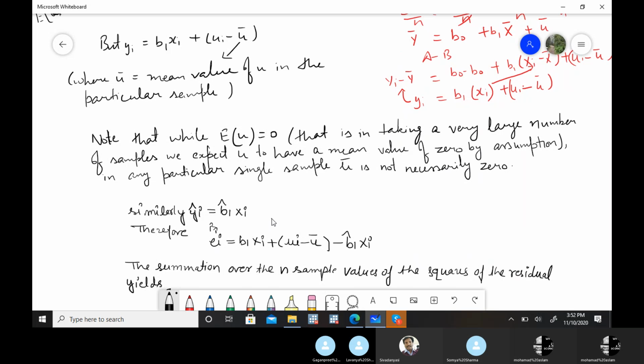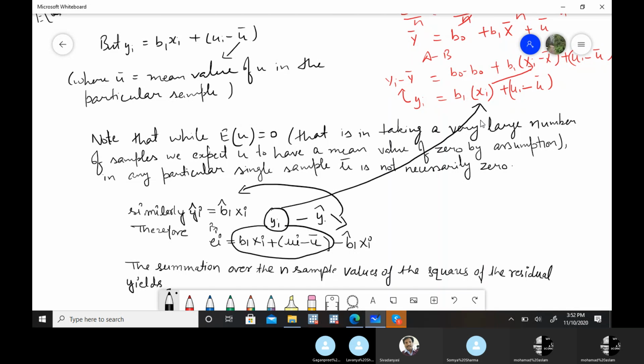Residual is yi minus y hat, right? This is y hat from here, and this is yi, this particular term from here, and the residual term is yi minus y hat.